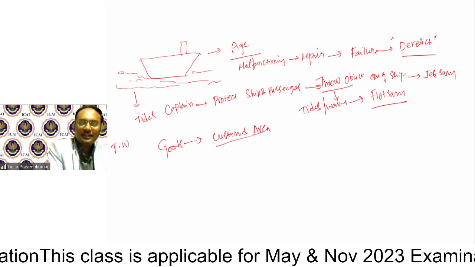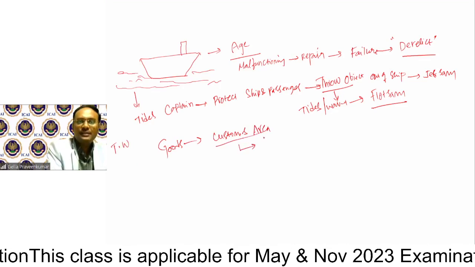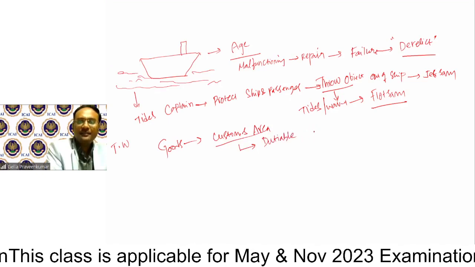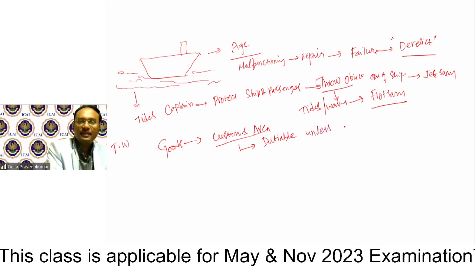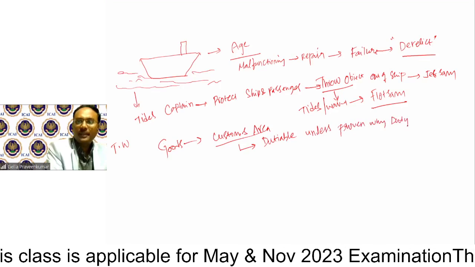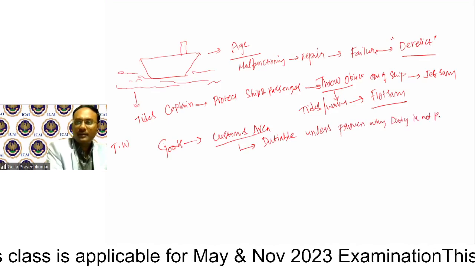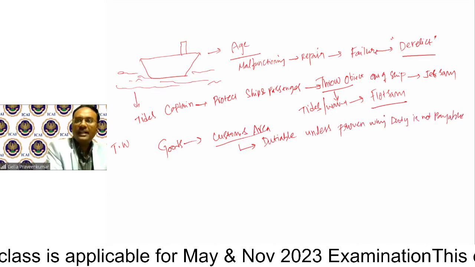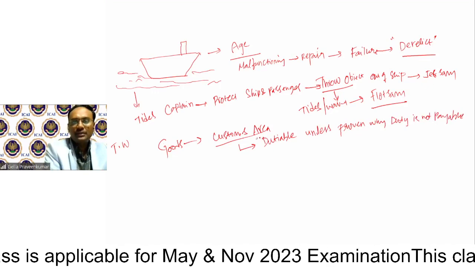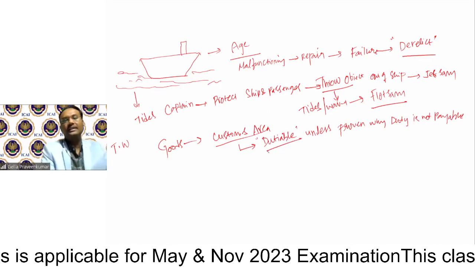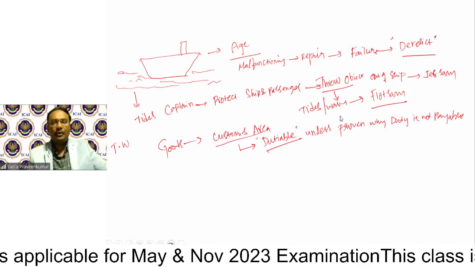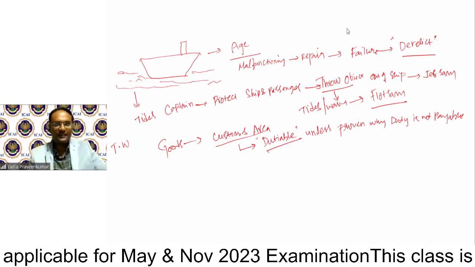Assuming the goods are reaching the customs area, now these goods are dutiable. These are subject to duty unless proven why duty is not payable. That means any goods which are jetsam or flotsam, which are reaching the customs area, are called dutiable goods. This is a backdrop with which this derelict, jetsam, flotsam is there under your provision, right?